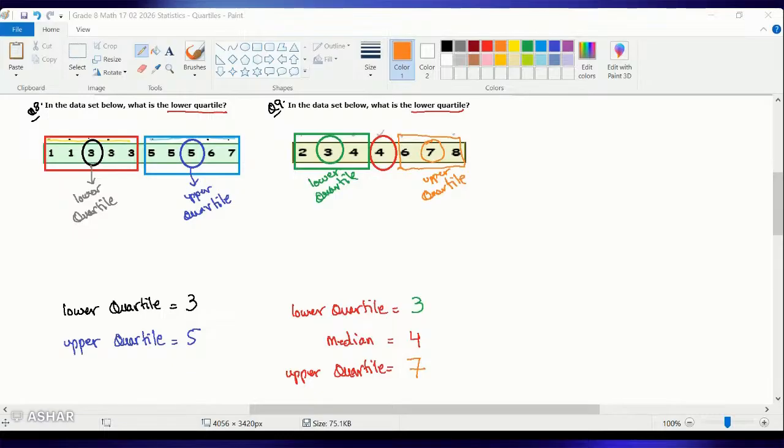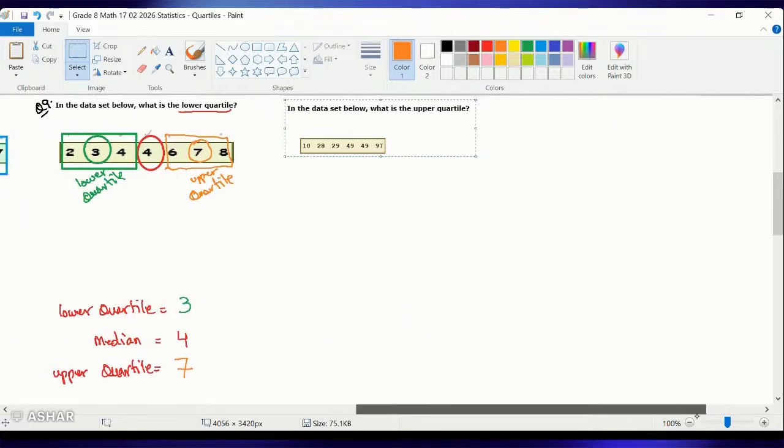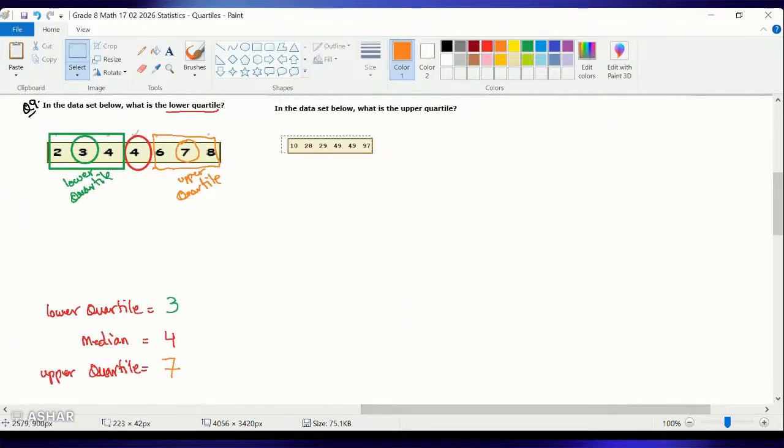Let's try to find the lower and upper quartile in the next question. For question number 10, why can we not find the median? If this is our question number 10, we can find the upper quartile.